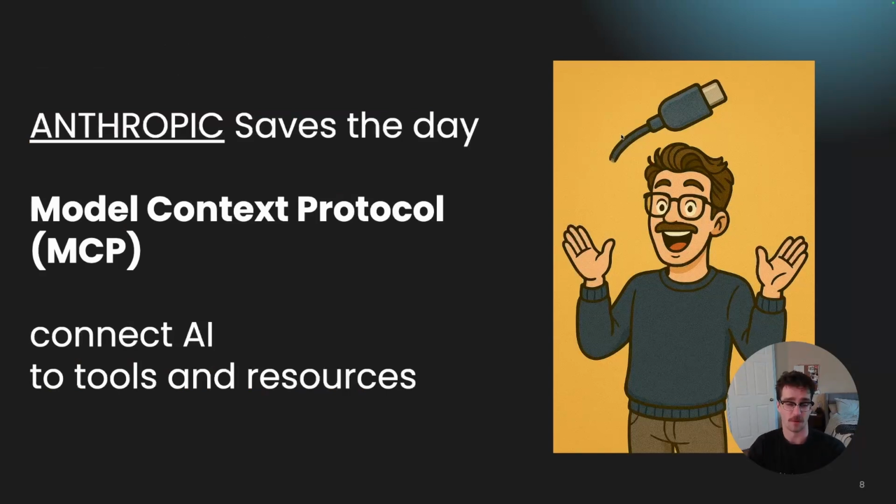This was until Anthropic came and saved the day. They said, nah, this is not going to happen. And they decided to make the Model Context Protocol, which is an open source standard, almost like a USB-C cable. The Model Context Protocol allowed developers to connect AI to tools and resources in a standardized way.